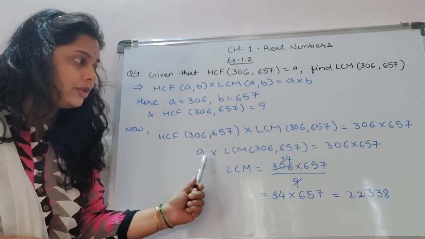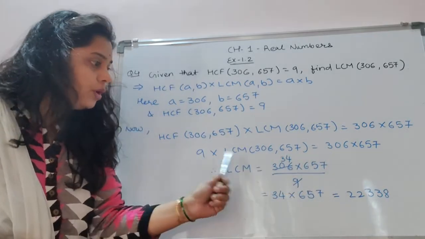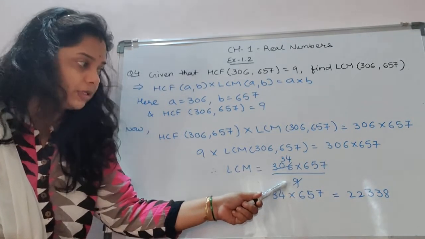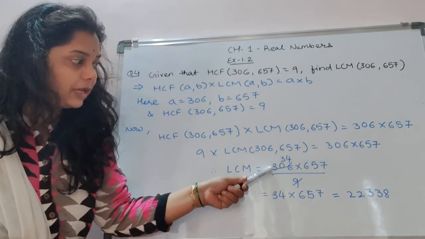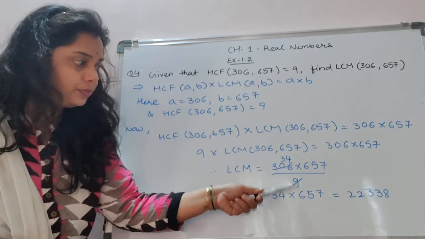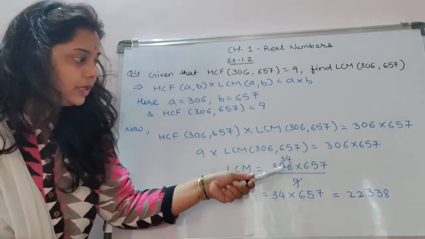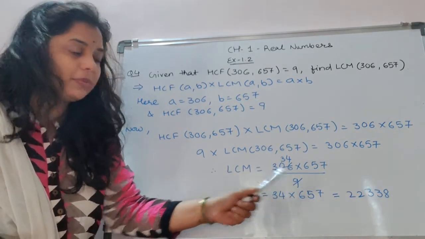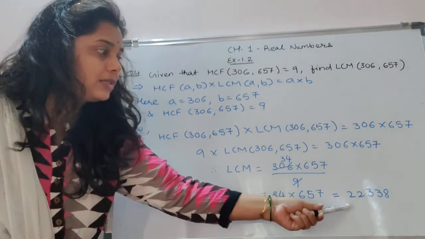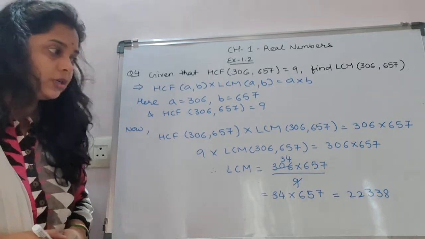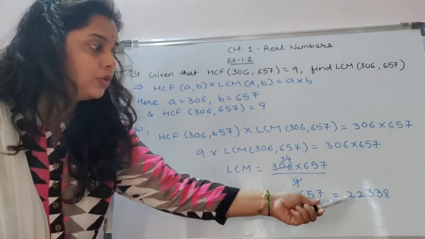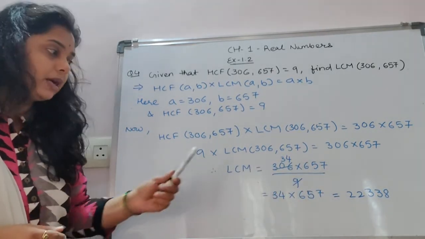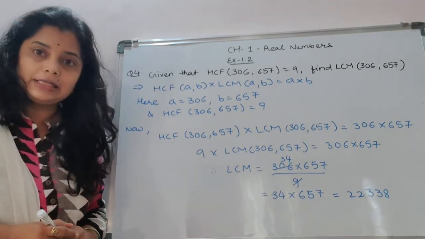We take this 9 to the other side, so it goes into the denominator. If we cancel out the common factors, we get 34. Now 34 multiplied by 657, so the last answer is 22,338. This way we can find the LCM.